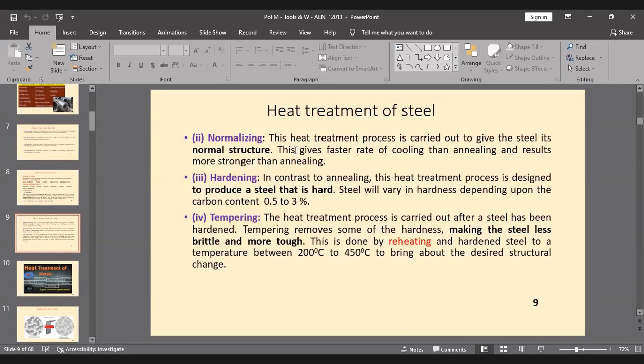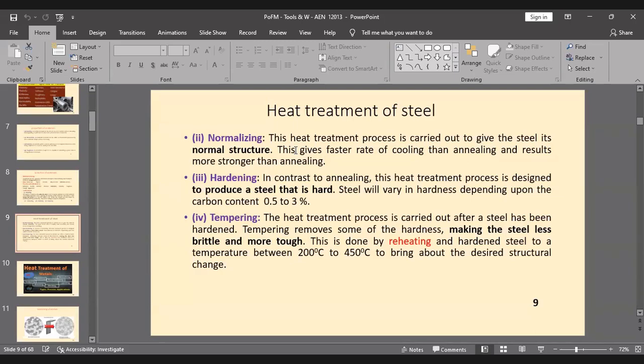Some typing mistake. So you can have 0.25 to 4% level, and we can cover all types of steel within that. Rough iron, cast iron, alloy cast iron, everything can be included within the title of steel.